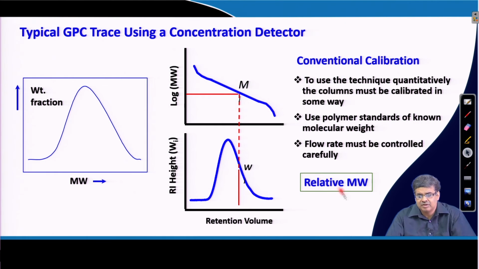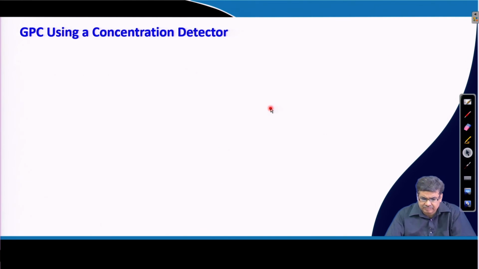That is the reason we call this molecular weight data relative molecular weight data, not absolute, because the molecular weight number we get corresponds to the molecular weight of the sample which we use for constructing the calibration curve.